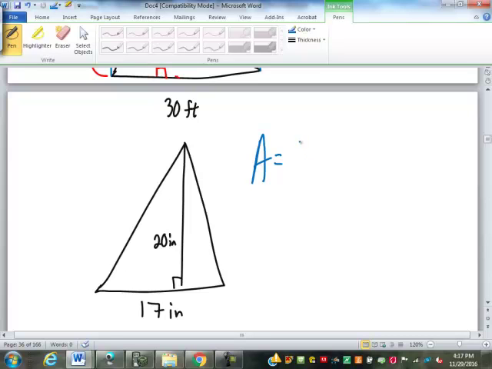The area is going to be, what two numbers do I multiply? 17 inches by 20 inches. And then divide by 2. 170 inches squared.